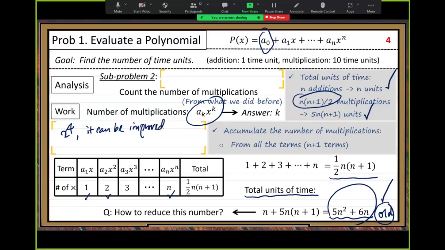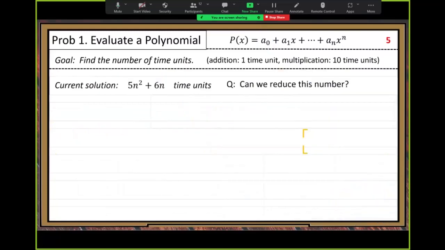There is room for improvement. But we don't know how to improve it. The question is how to improve it. So let's move to our next part.